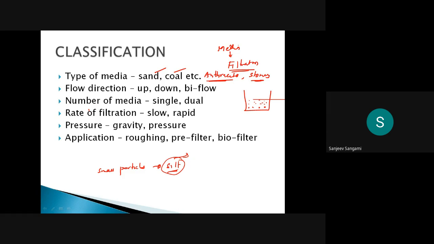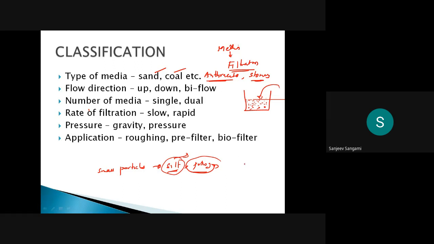So these silt particles will escape, as well as some of the pathogens. Then this silt has to be removed with the help of the sand bed filter. Here we are going to pass the water, and there you can observe that the silt is accumulated in between the particles.